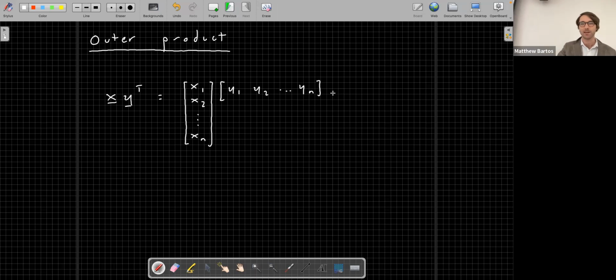So this will end up being y1 times x in the first column, y2 times x in the second column, all the way through yn times x in the final column.